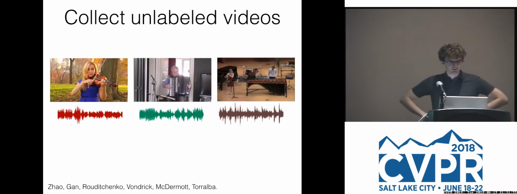So the way ours works is we're going to try to just use massive amounts of unlabeled video for doing this source separation. And the key insight we're going to take advantage of is that sound is approximately additive. And so if we have just these random videos, we can play each one.